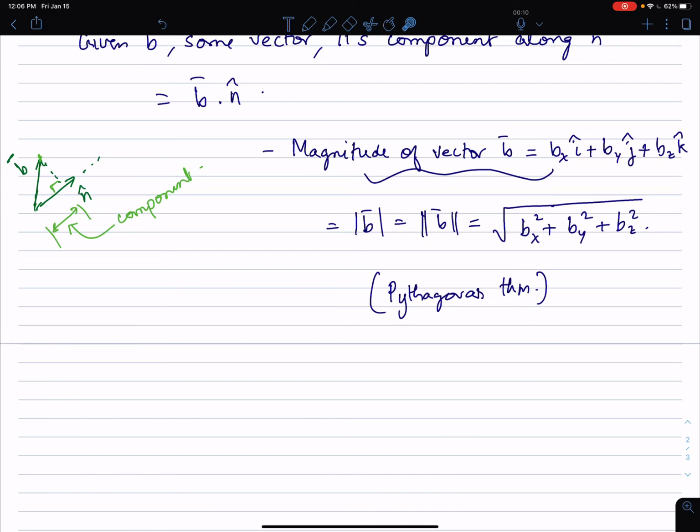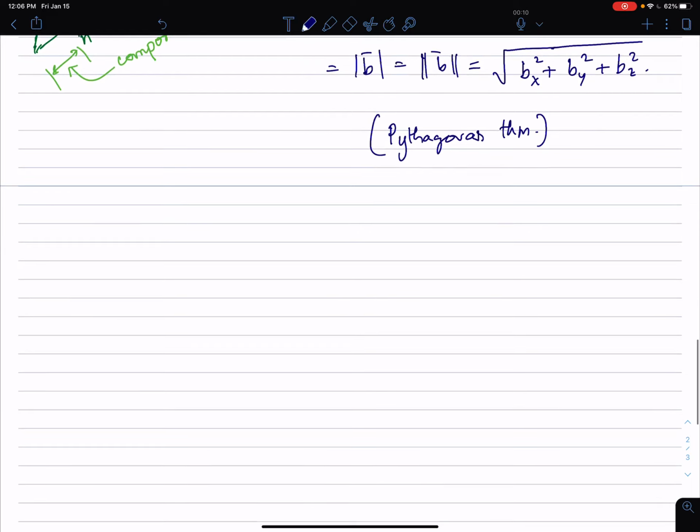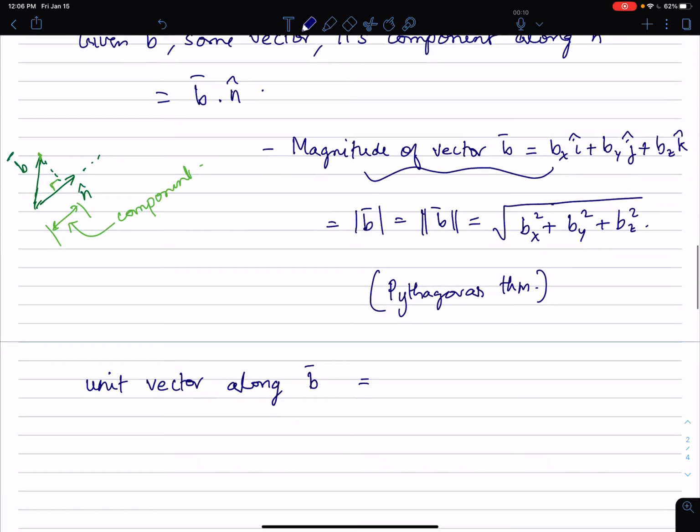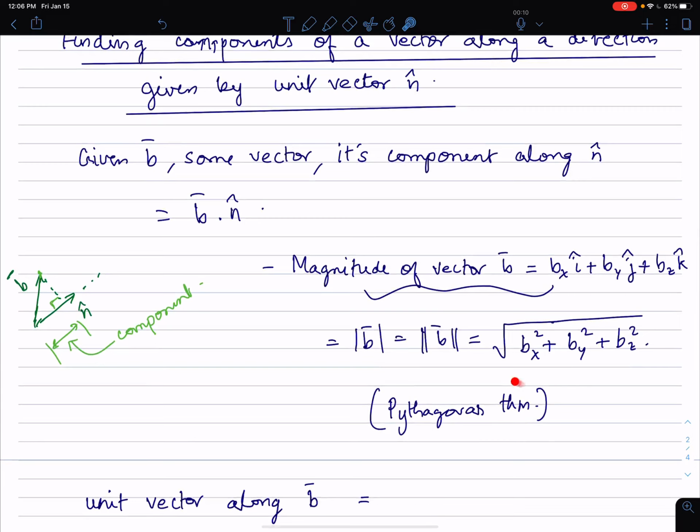If you want to know the unit vector along a vector B, so we have some vector B, let's say, and we want to find the unit vector along that vector. What is that equal to? You take the full vector and divide it by the magnitude, and that's the unit vector.